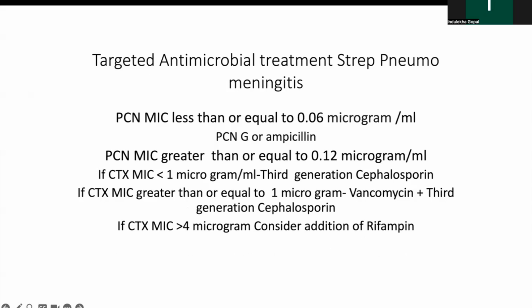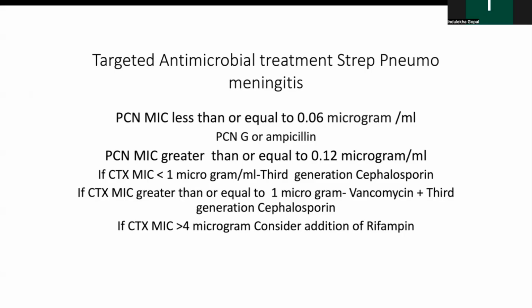Antimicrobial treatment for strep pneumo meningitis. If the penicillin MIC is less than or equal to 0.06 microgram per ml, penicillin G or ampicillin is the treatment of choice.